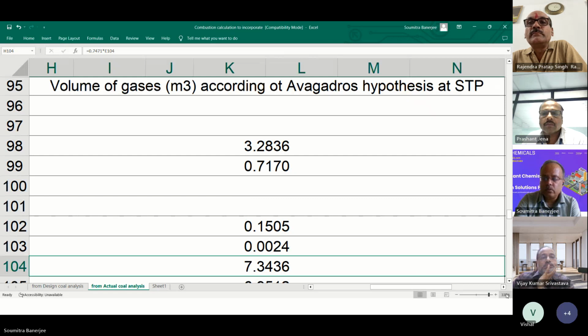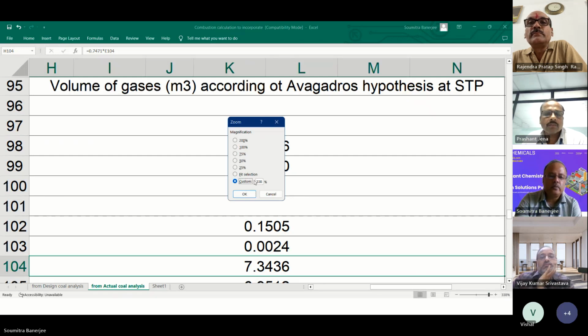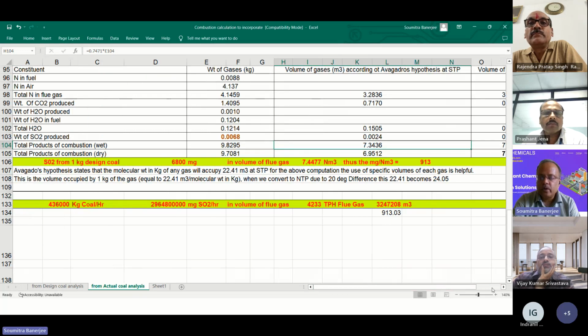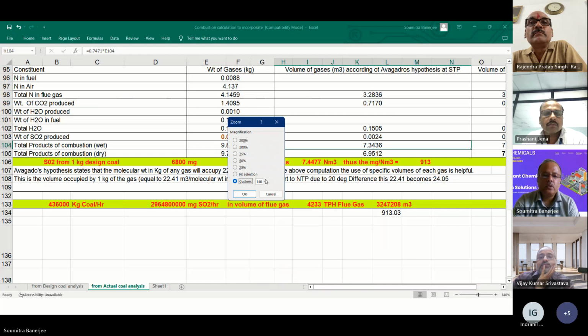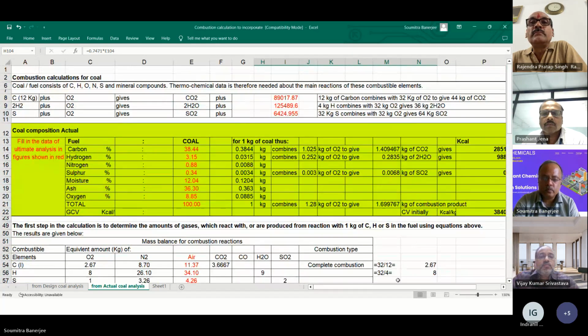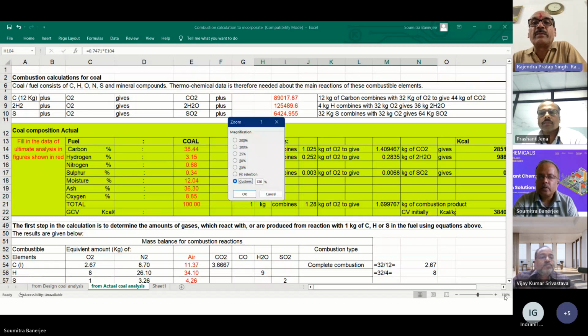It went away. Still not there. 130 would do. I hope this should do. Yeah, it's visible, but this one column is very big, and that is creating all these columns.